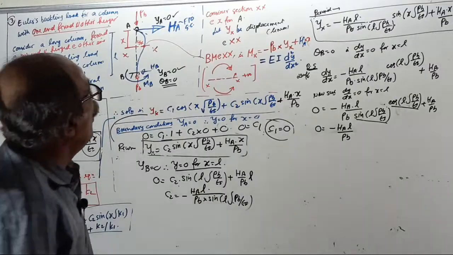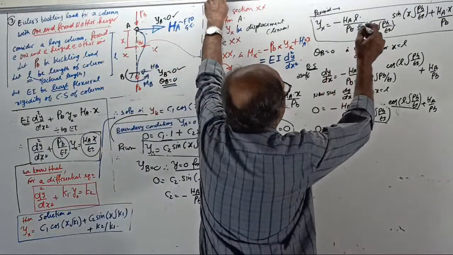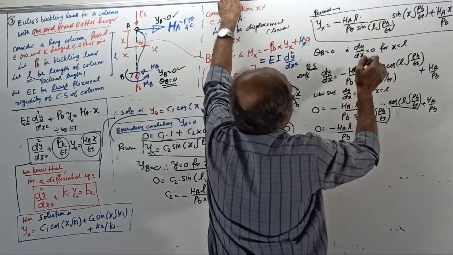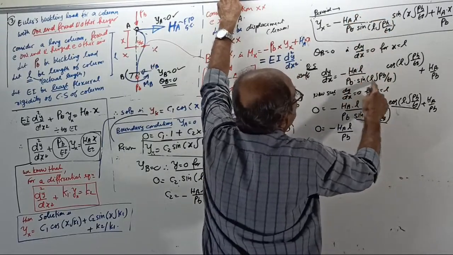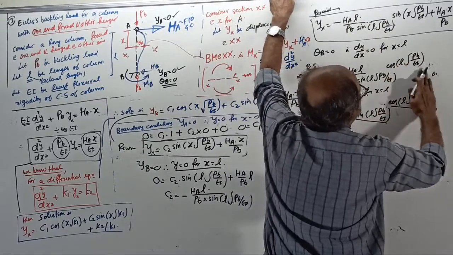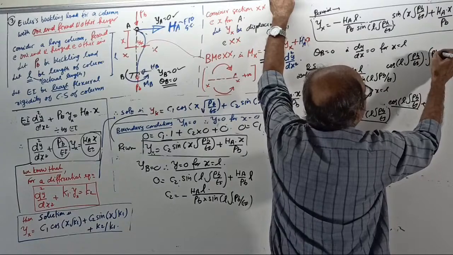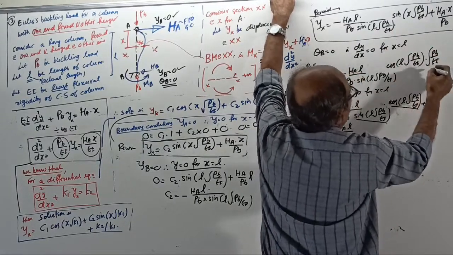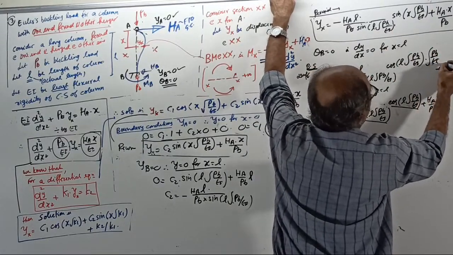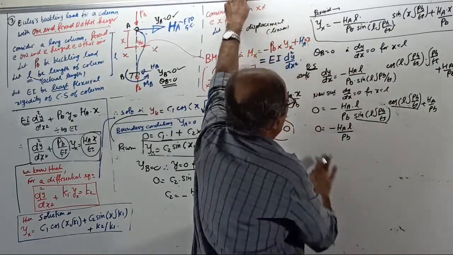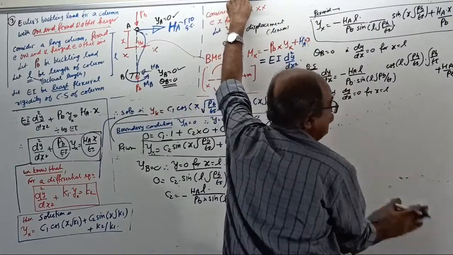Oh, see. When you take dy by dx, it becomes minus HAL by PB sin L root PB by EI into cos, into root PB by EI. Then plus HA by PB. Now correct? Sometimes it happens, but anyway, you can make out now.